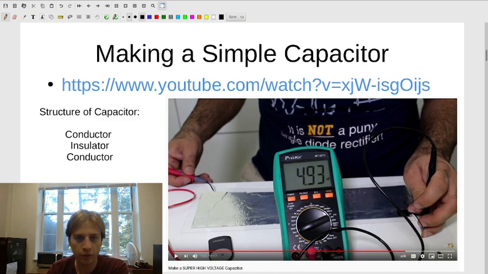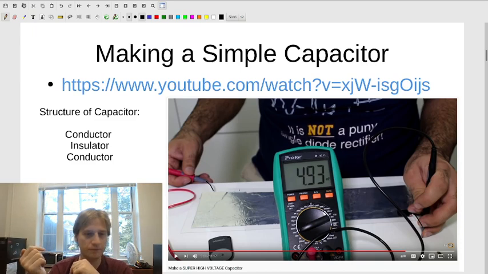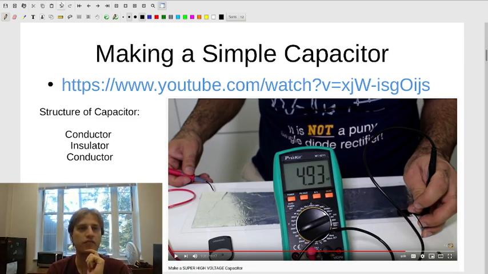One wire on the top, one wire on the bottom, so you've got the two sides of that capacitor separated, and you have the conductor, insulator, conductor. That's the structure of your capacitor. And he also shows in that video how you can increase the capacitance by rolling up the capacitor. So it's a really nice example of the sort of simple physics of this situation.